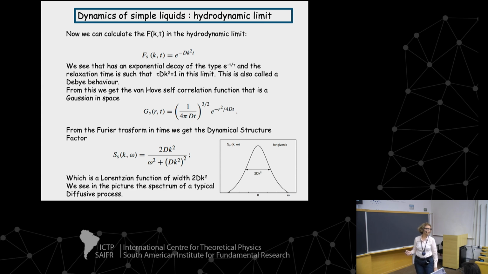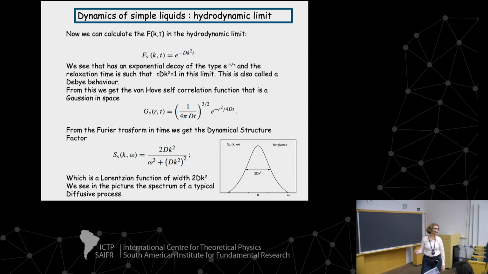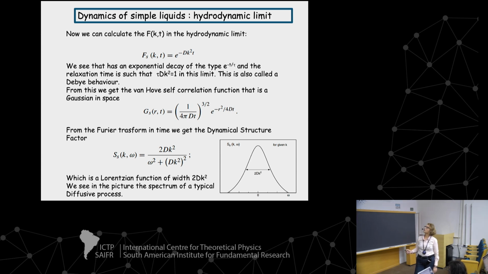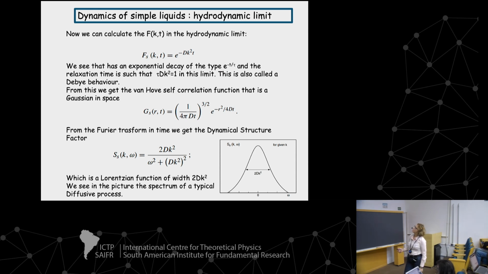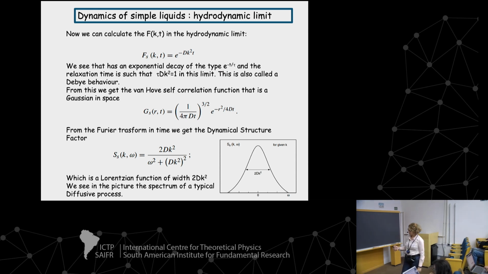This is also a way to see that you have other intermediate phenomena in a liquid if you get a violation of this law. Because you can measure tau, for example, from neutron scattering, you can measure the diffusion coefficient, and then you try to calculate tau D q², because when you do the measurement, you do it at a certain wave vector, okay? So you calculate tau Dq², and if it's not 1, if it deviates from 1, then you know something else is going on, it's not Brownian diffusion, okay? And you don't have this hydrodynamic limit.